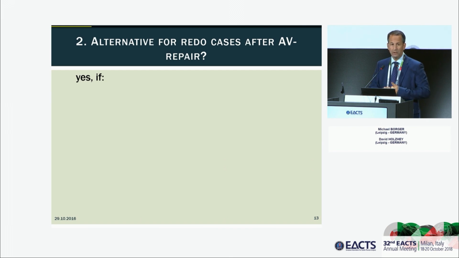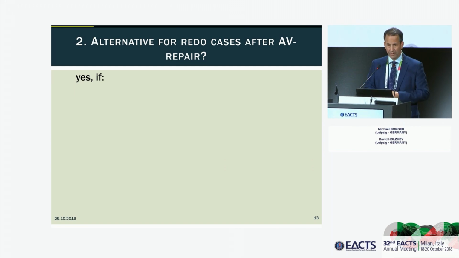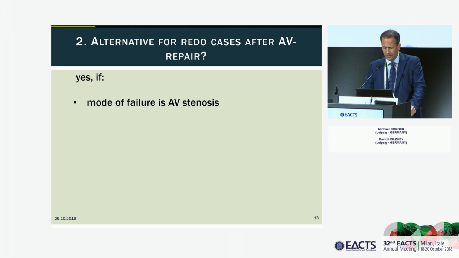What about redo cases after a failed aortic valve repair? I know nobody here has ever seen that on the stage, but I will touch on it just in case. If the valve does fail over time, is a TAVI procedure feasible in one of these patients? Certainly if the mode of failure is aortic stenosis, then you can do a TAVI procedure, although that's unusual.